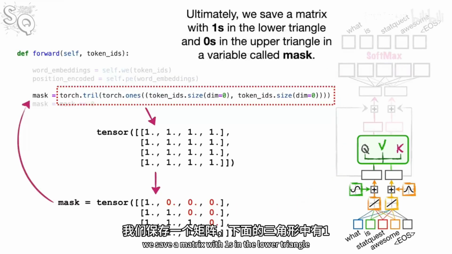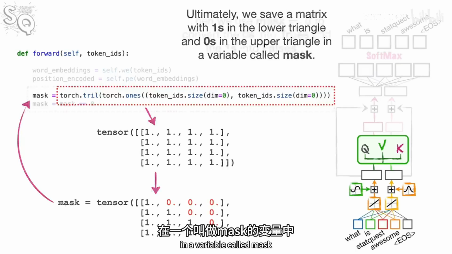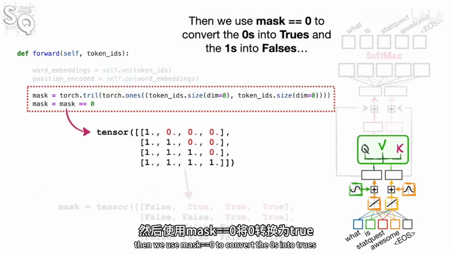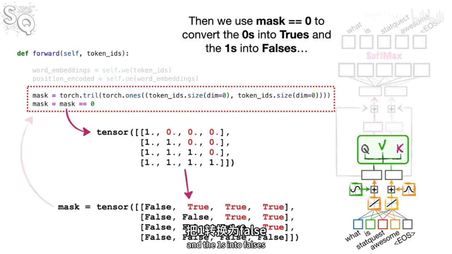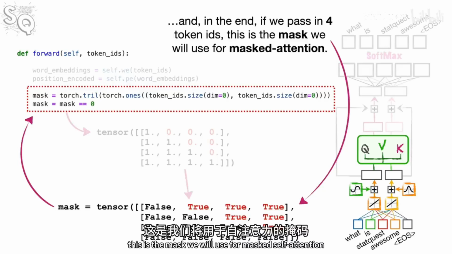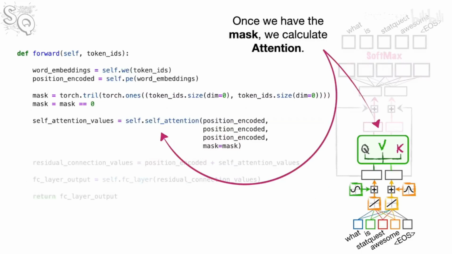Ultimately, we save a matrix with ones in the lower triangle and zeros in the upper triangle in a variable called mask. Then we use mask == 0 to convert the zeros into trues and the ones into falses. And, in the end, if we pass in 4 token IDs, this is the mask we will use for masked self-attention.